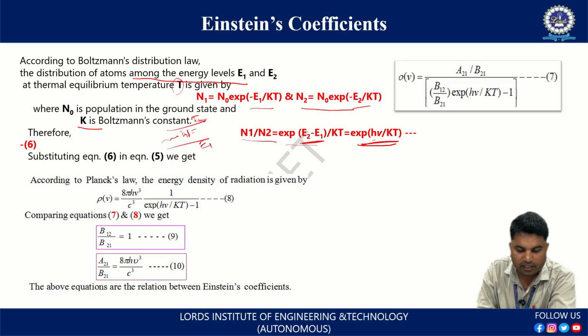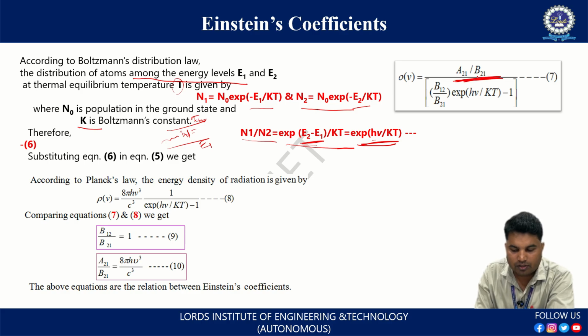Now substituting equation 6 in equation 5, we get rho of nu is equal to A21 by B21 divided by B12 by B21, and in place of N1 by N2, we are substituting exponential h nu by KT, minus 1.